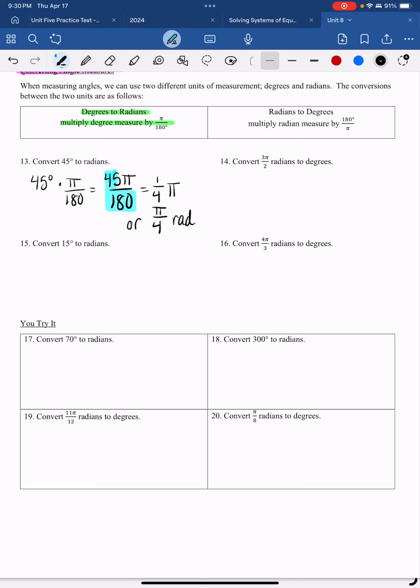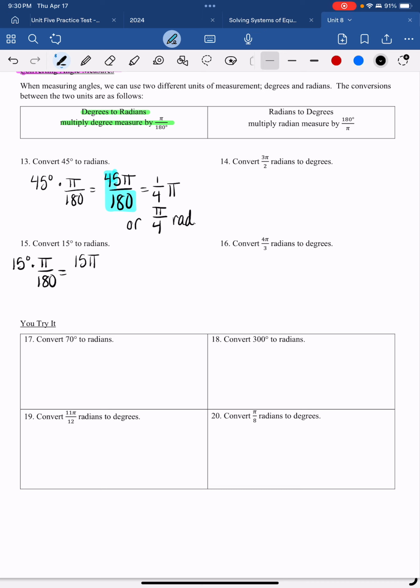Next example, we're going to convert 15 degrees into radians. So we're going to take that measurement of 15 degrees and multiply by pi over 180. Our first step is to create a fraction, 15 pi over 180.